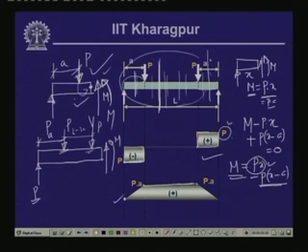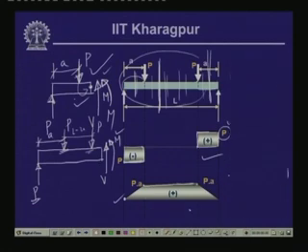Now, corresponding to this particular segment, when we take a section over here, we have the shear force as V and the bending moment at this section as M. And if we write down the moment equation here, it comes as M, which is again in the anticlockwise direction, minus P times x.